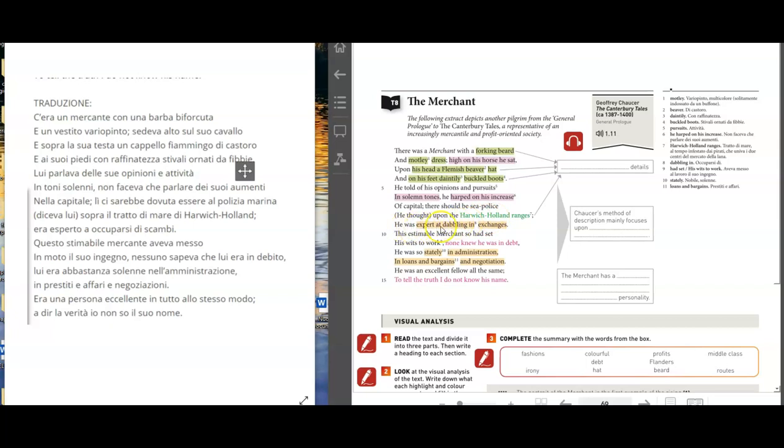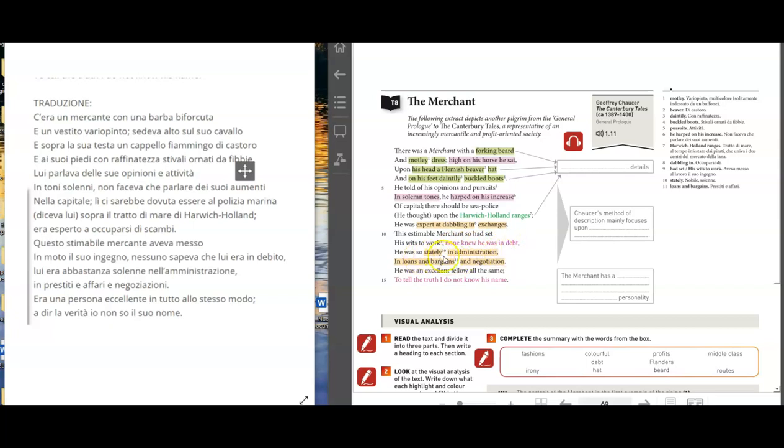He was expert at dabbling in exchanges. Lui era un esperto a occuparsi, dabbling in, lo vedete anche qui, dabbling in, ad occuparsi di scambi. This estimable merchant so had set his wits to work. Questo stimabile mercante aveva messo il suo ingegno al lavoro. None knew he was in debt. Ok? Nessuno sapeva però che lui era in debito.